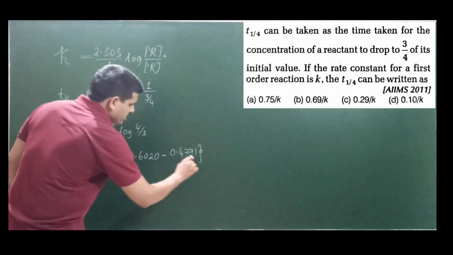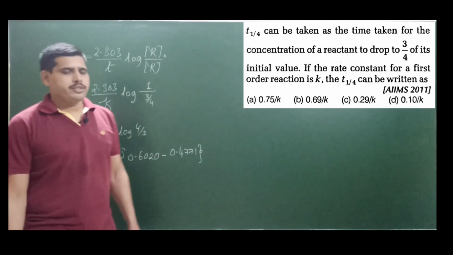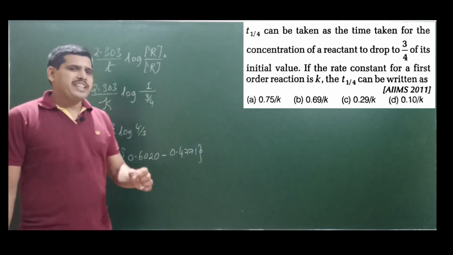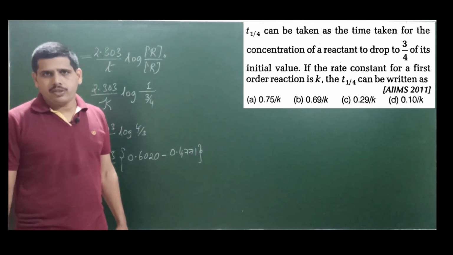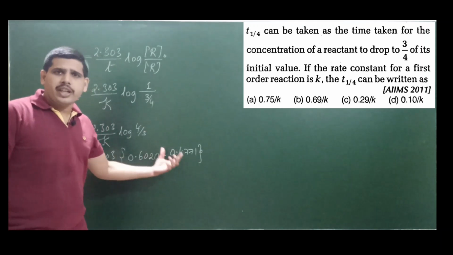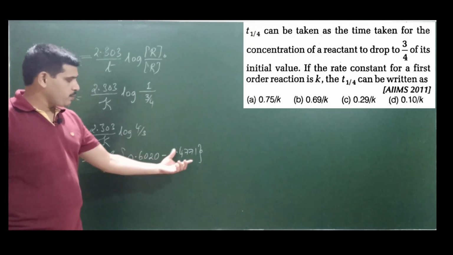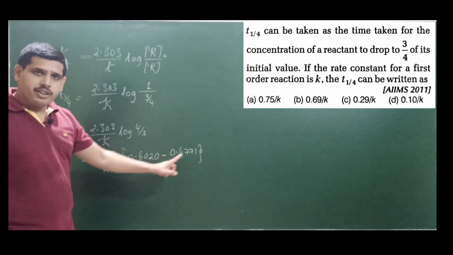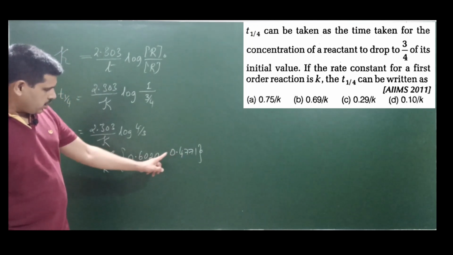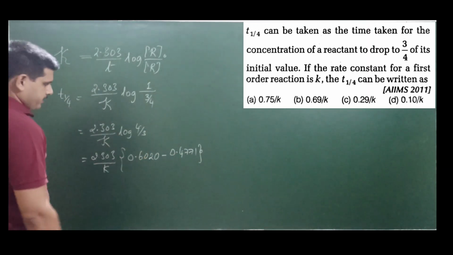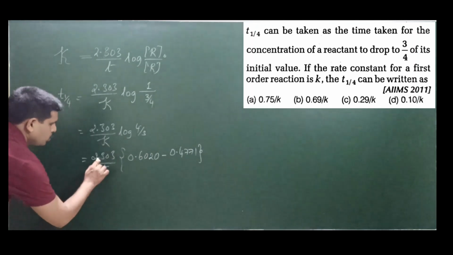0.4771. My dear students, you should remember log values from log 1 to log 10 in order to do well in any competitive examination. So that it has to come spontaneously. Fine. So it is 0.6020 minus 0.4771. What is the difference? It's 0.1249, isn't it? I'll multiply it by 2.303.